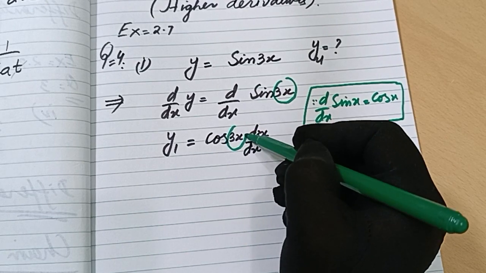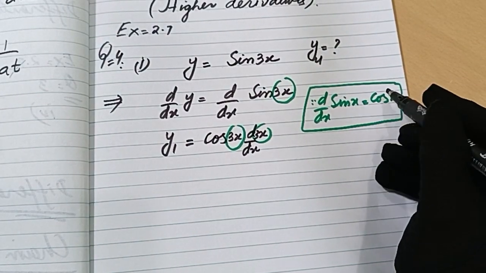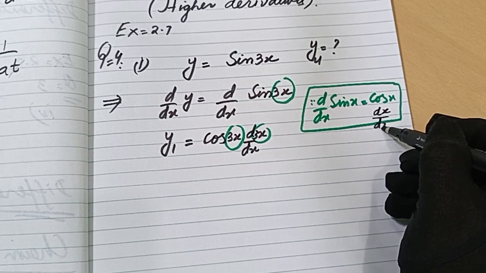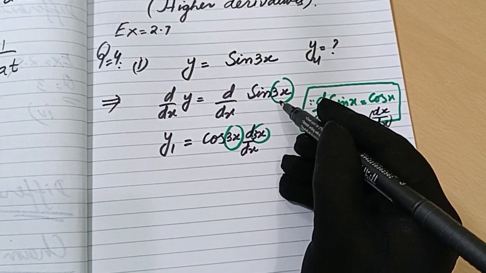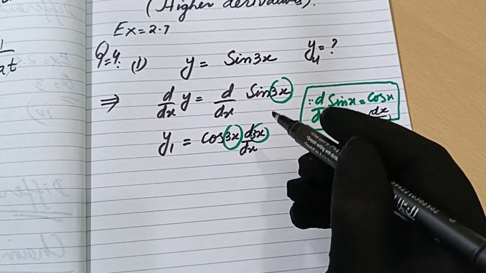In the simple statement we omit this step because dx by dx equals 1, but when the angle is other than x, please write down the derivative of the angle. It's a must step to do.